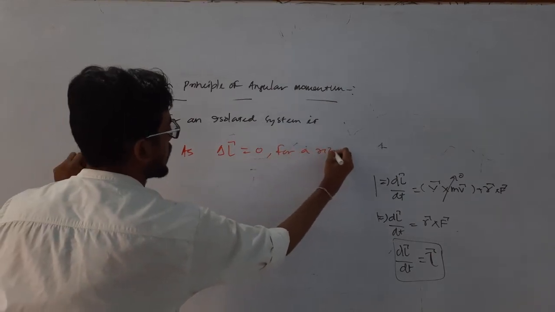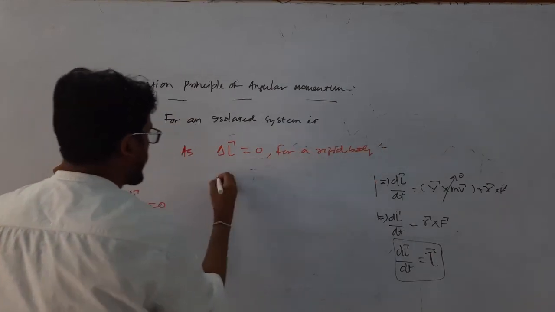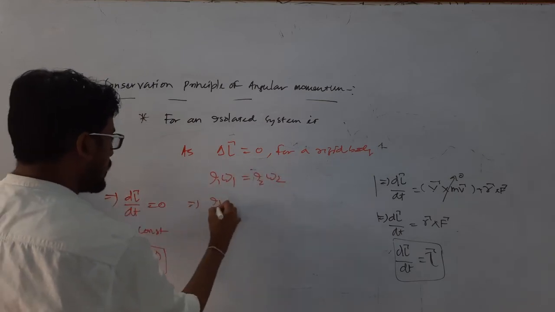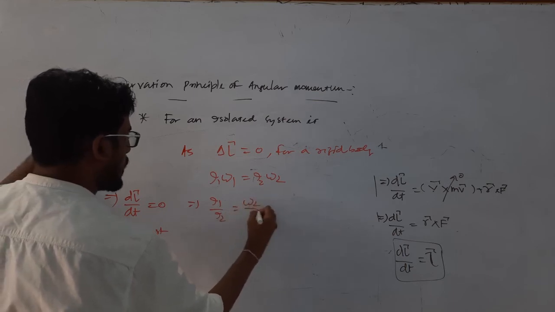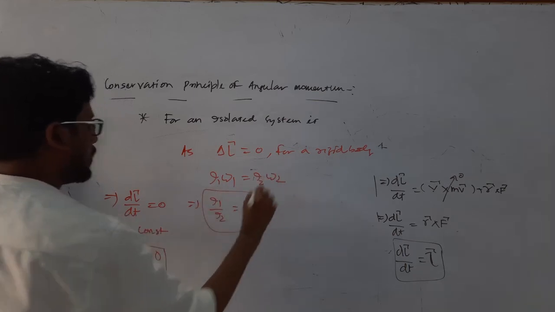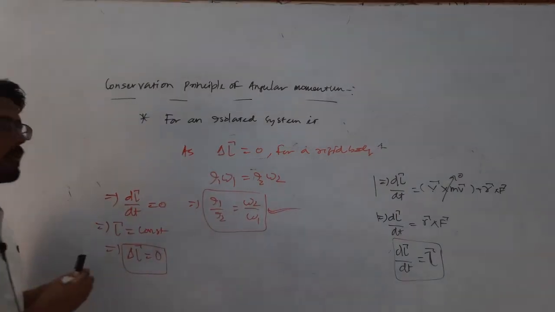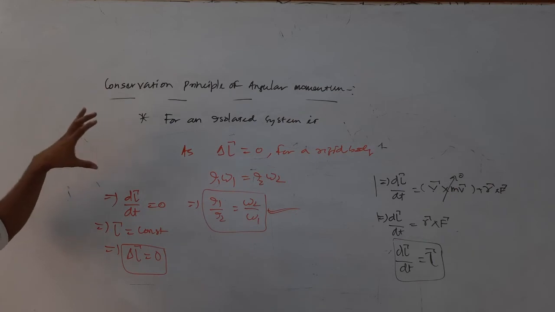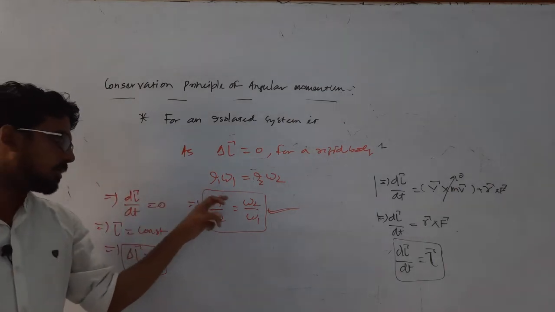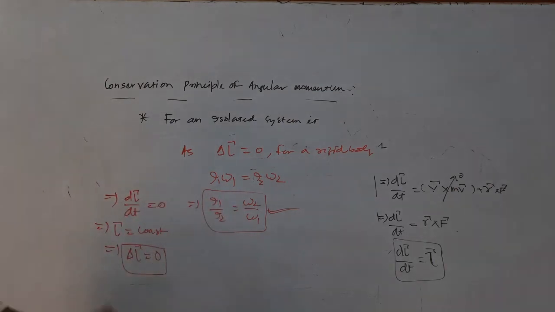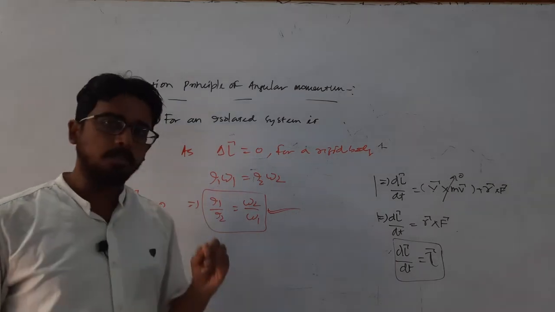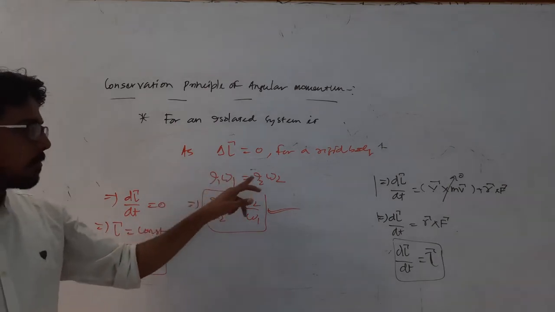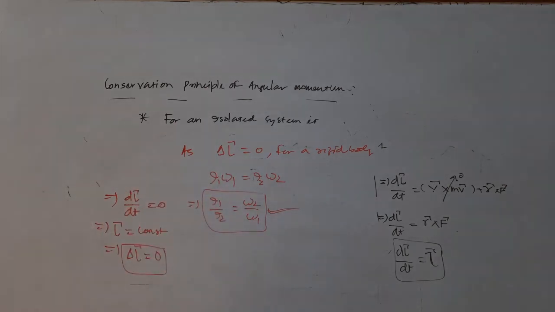So for a rigid body, I1 omega 1 must be equal to I2 omega 2, or this implies I1 by I2 equal to omega 2 by omega 1. Clear? It's an important relation you have to remember. For a rigid body, if the angular momentum is conserved or the system is isolated, that means external torque acting on it is 0. Then I1 by I2 equal to omega 2 by omega 1. This is known as what? Conservation principle of angular momentum. Okay. So initial angular momentum must be equal to final angular momentum.